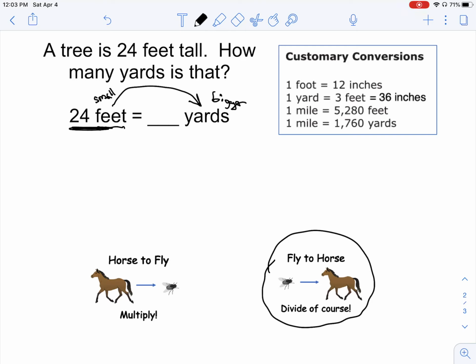So we're going to take our 24 feet, and looking over at my conversion, I can see here that 1 yard equals 3 feet. So I'm going to need to divide that by 3. And 24 divided by 3 is 8. So the answer is 8 yards.